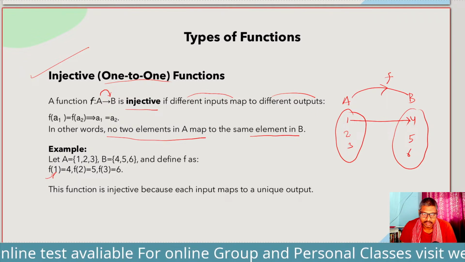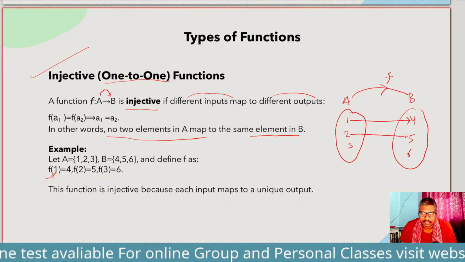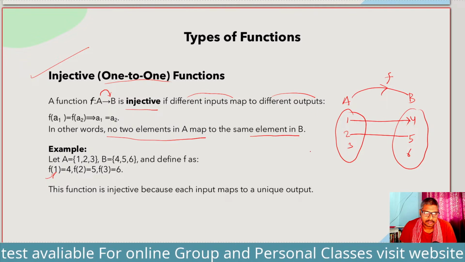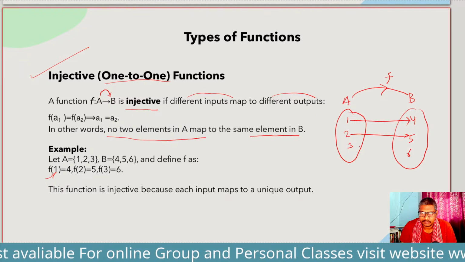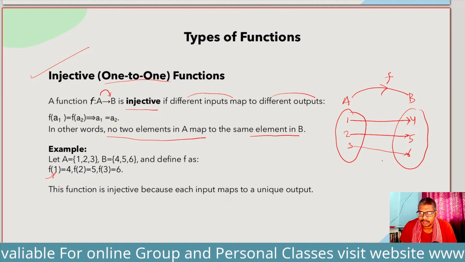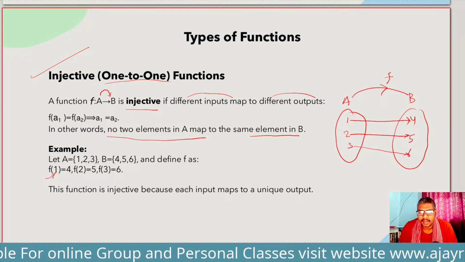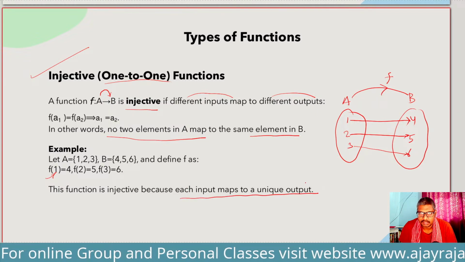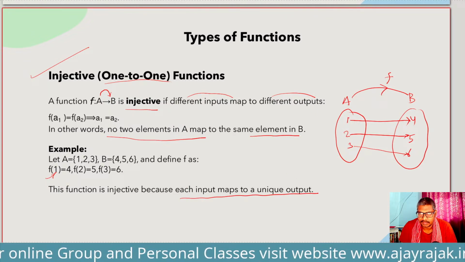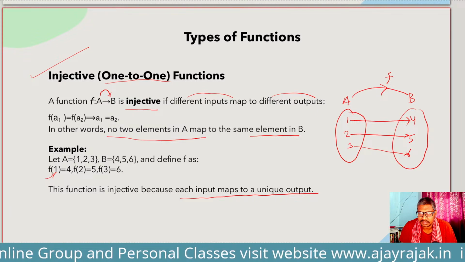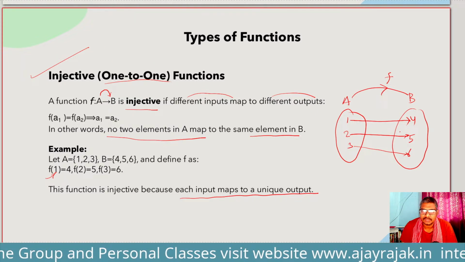Then we put 2 as input and get 5. When we put 3, we get 6. What you observe here is that each input maps to a unique output, and no two elements of A, like 1 or 2, have the same element 4 in B. So this was not the condition.